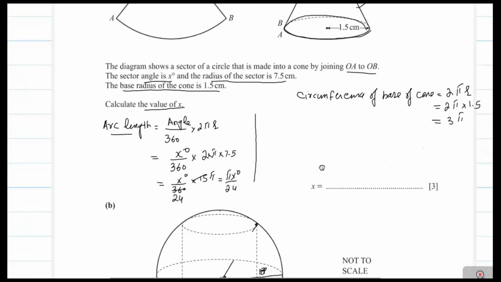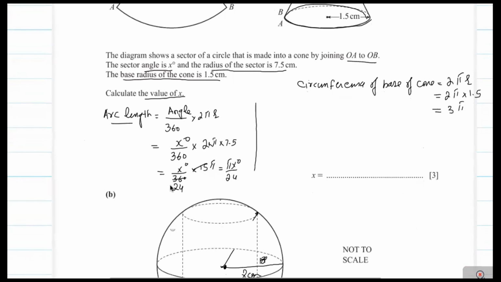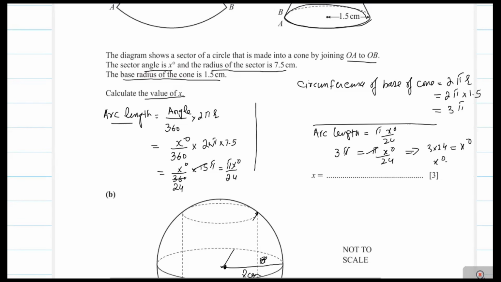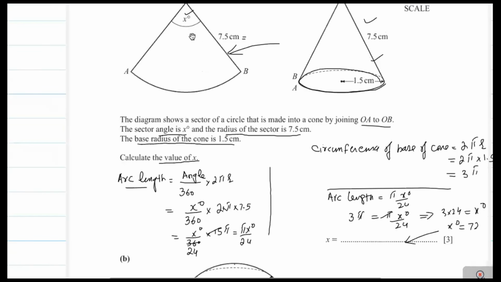So 3 pi equals pi x degrees over 24. Pi cancels, and we shift the 24 to the left side. This becomes 3 multiplied by 24 equal to x degrees. Therefore, x equals 72 degrees, and this is the angle of the sector.